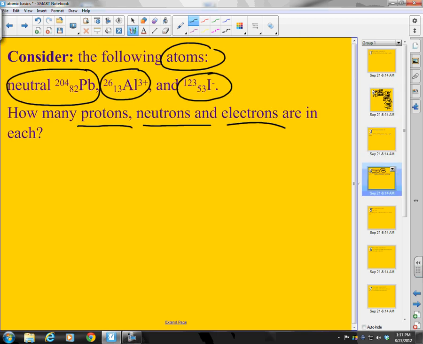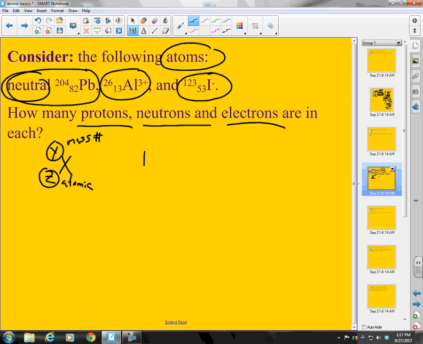Oops, wrong question. Here we go. So I have a neutral atom of 204 over 82 lead. Now what did I say? I said that in X, Y, Z, Y is my mass number, Z is my atomic number, and X is my symbol.